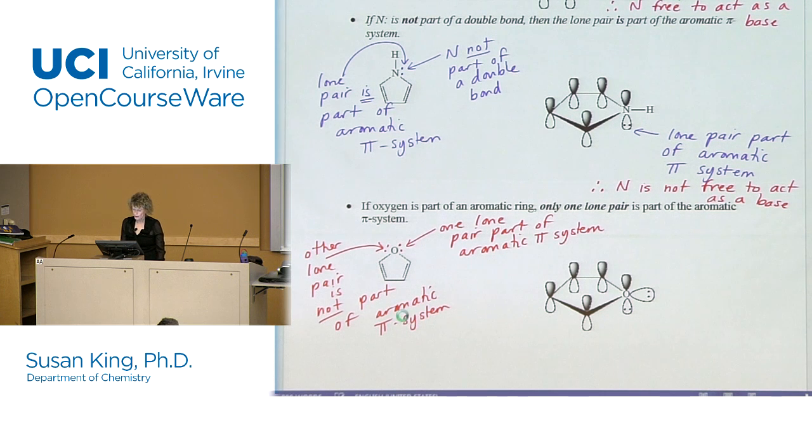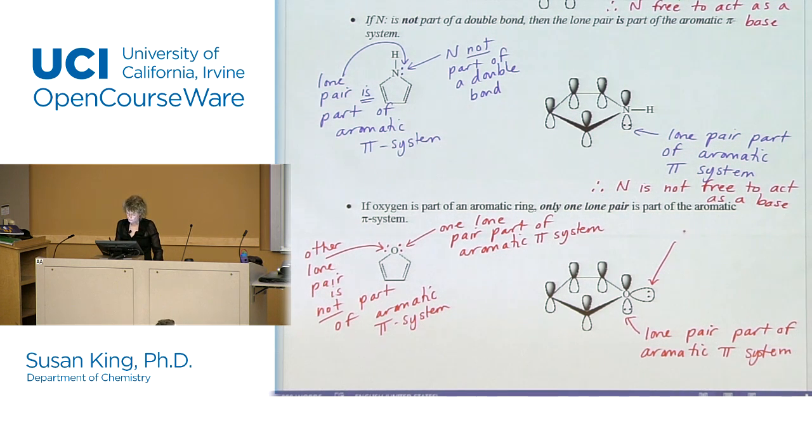So that's what it would look like here. This lone pair is part of the aromatic pi system. This lone pair, you can protonate that lone pair.